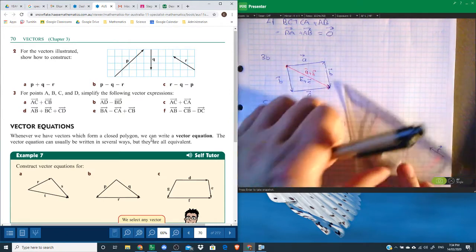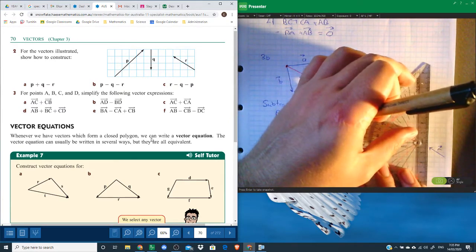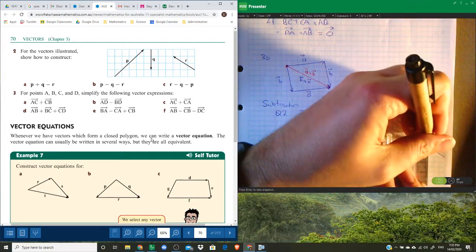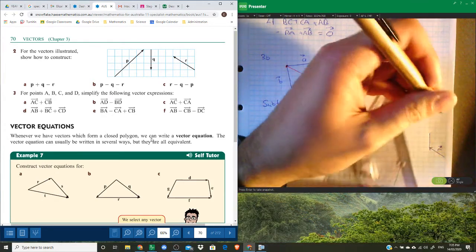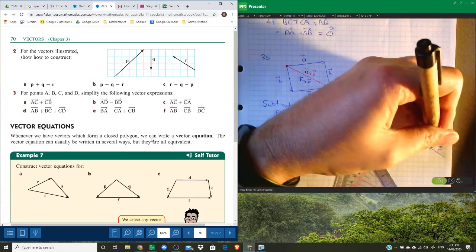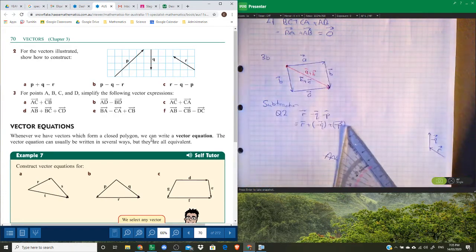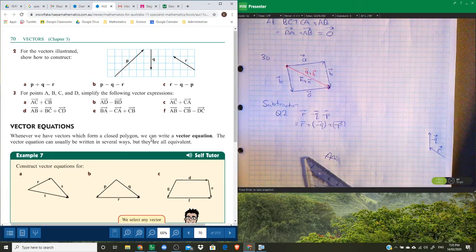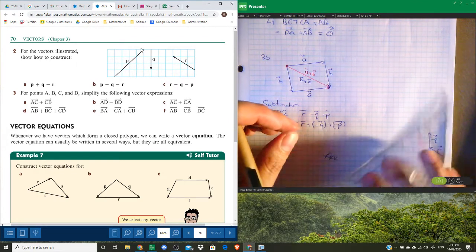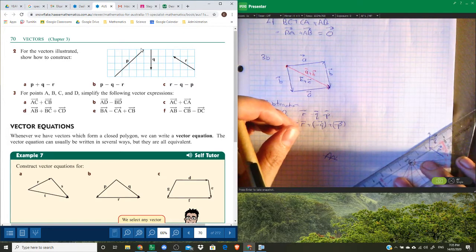Q, it would be 2 up. Minus Q, I should say, because Q is 2 down. Minus Q is 2 up. And minus P. P goes 1, 2, 3, 4 across, 1, 2, 3, 4 up. This goes down and across by 4.